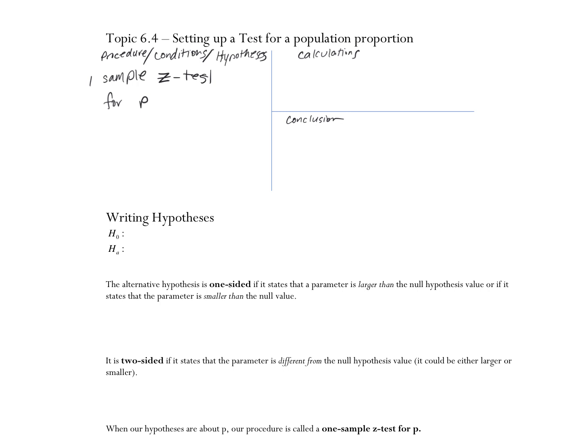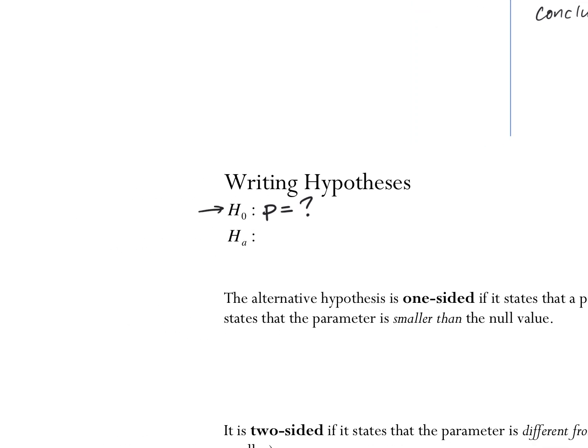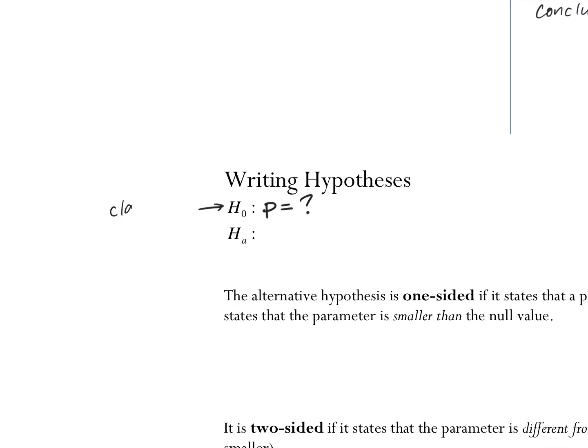All right. So that means your hypotheses, if you're doing a one sample Z test for P, are going to be about P. They're going to be about that unknown parameter. Your null hypothesis is going to be of the form P equals something. I'm going to use a question mark. And that something is always going to be the claim.